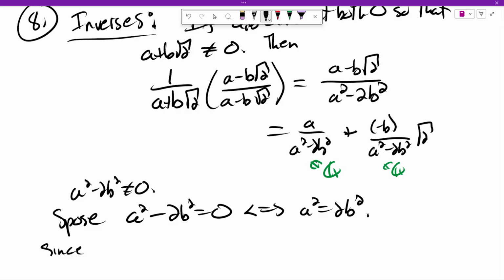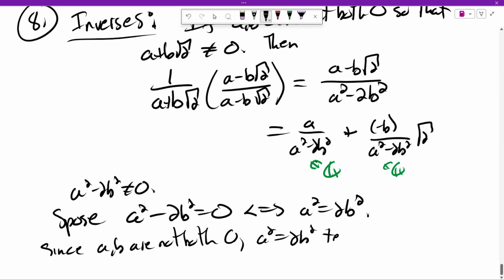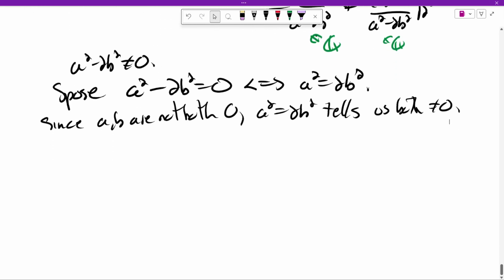We know that a and b are not both 0, and this equation here says that actually they're both non-zero. Since a, b are not both 0, a squared is 2b squared tells us they're both non-zero, because if one of them was non-zero and the other one was 0, this equation couldn't hold.